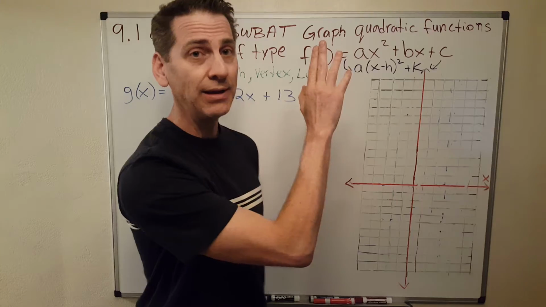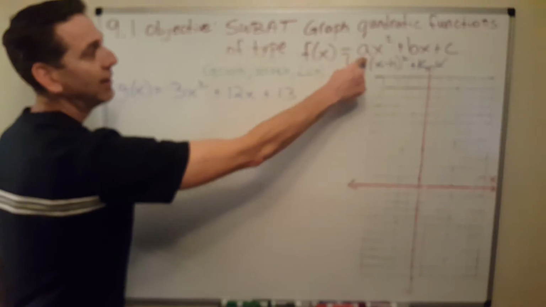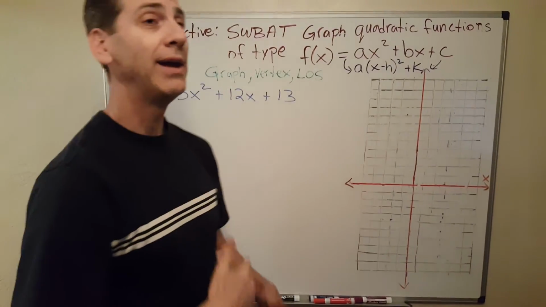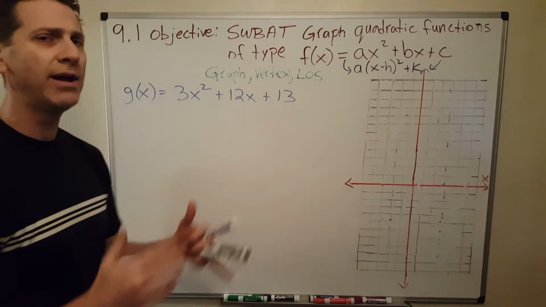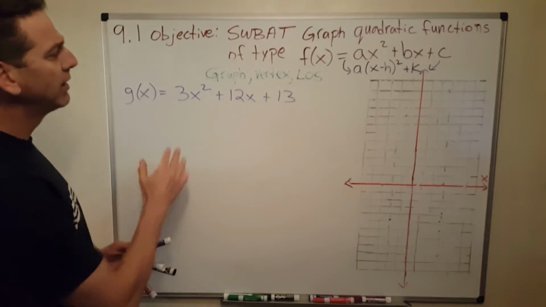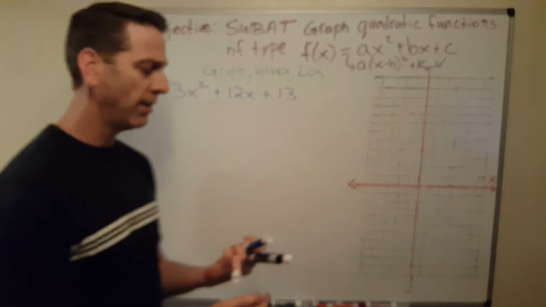All right, so in our previous example, a was 1, right? So it was really easy. In this example, a is not 1. A is, in this case, 3. So it's a little more complicated when you have a greater than 1. So let's find out how to do that today. So again, first thing we need to do is complete the square.